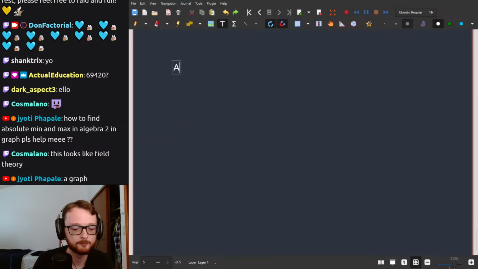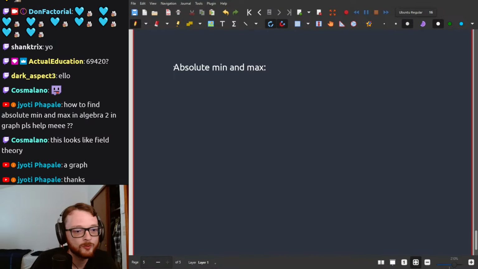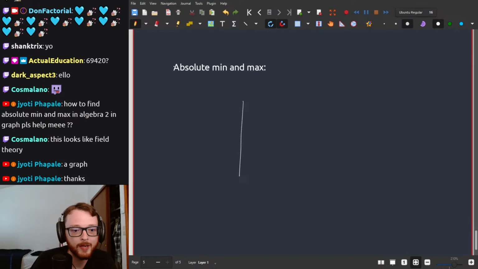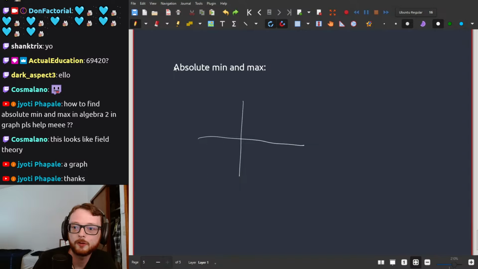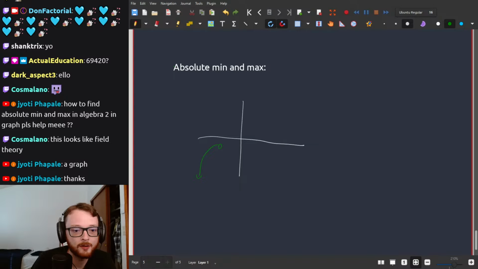I feel like these types of questions, they'll often kind of throw weird graphs at you. So how should I do this? Let's say we have a piece of it that goes like there, and then maybe an open dot. Actually, let me do this in a different color. An open dot there.